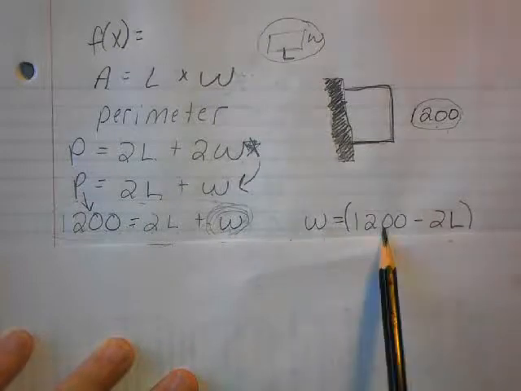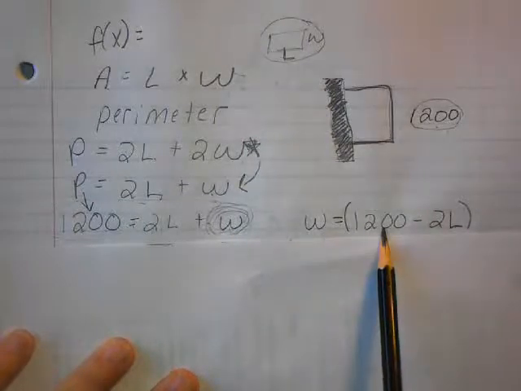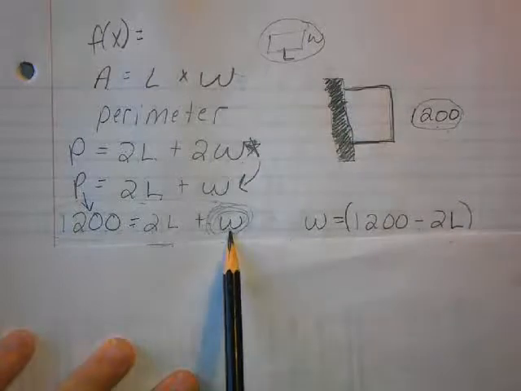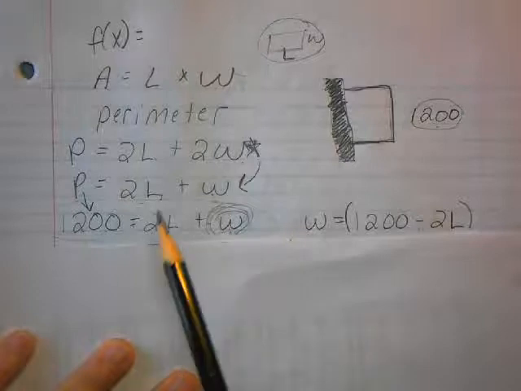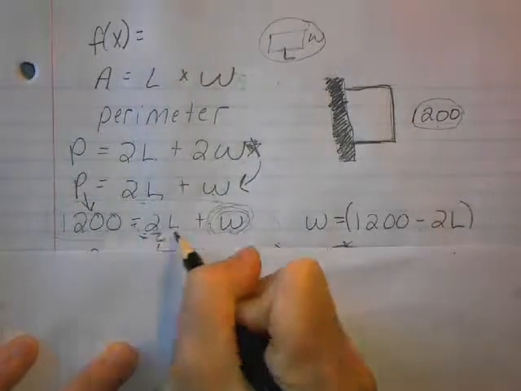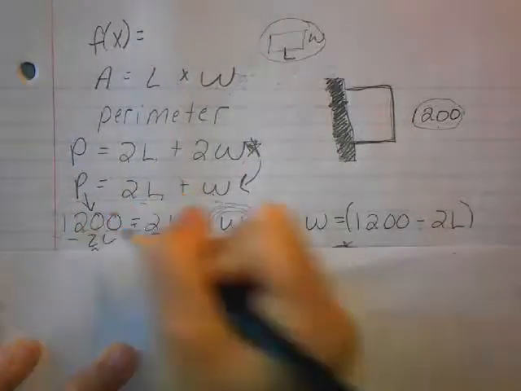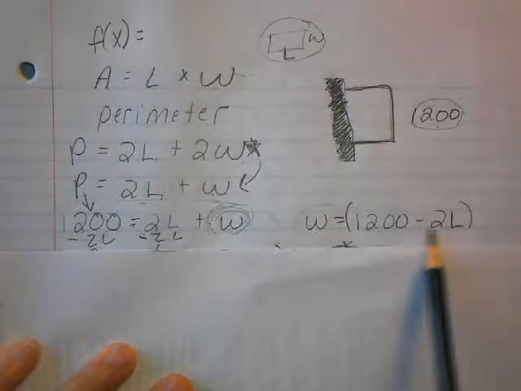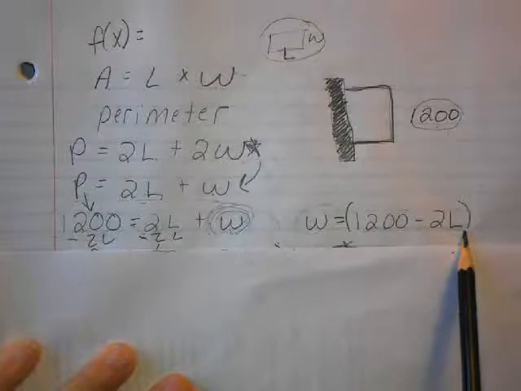So that was just like that other quiz we took. I literally just subtracted 2L from the 1,200 to get W by itself. Okay, I just subtracted 2 L's here and subtracted 2 L's here. So my W in terms of length, my width in terms of length, is 1,200 minus 2L.